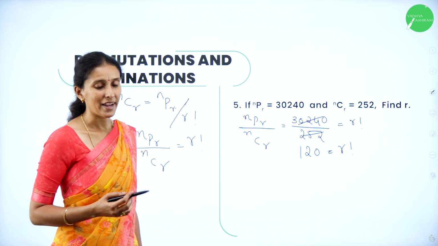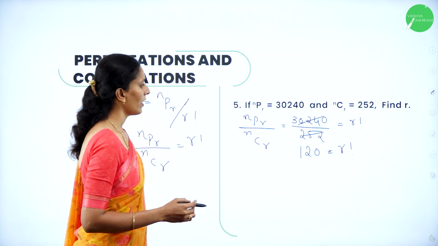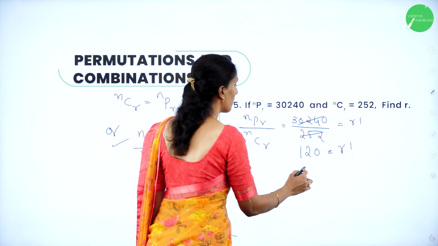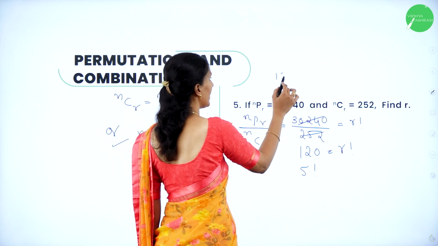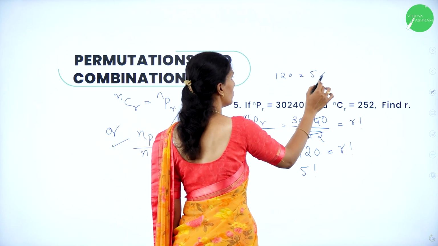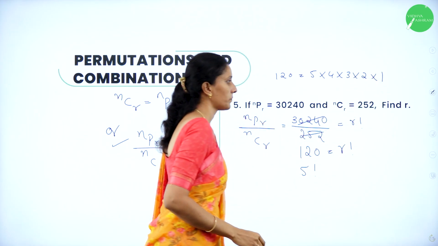You can use the inspection method, or you can use division. Therefore, this can be written as 5 factorial, because 120 can be written as 5 into 4 into 3 into 2 into 1.